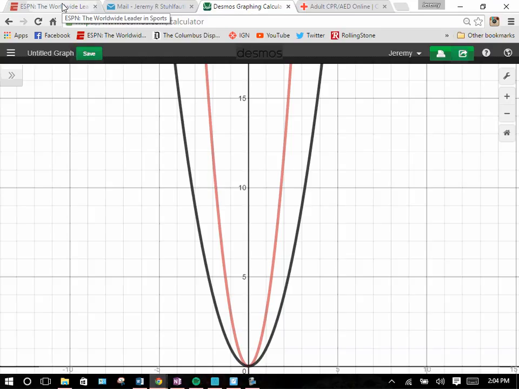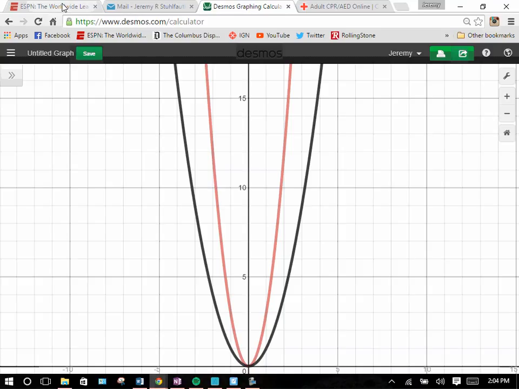I need you to tell me what the parent function is, and try to figure out what the equation is for the red function.